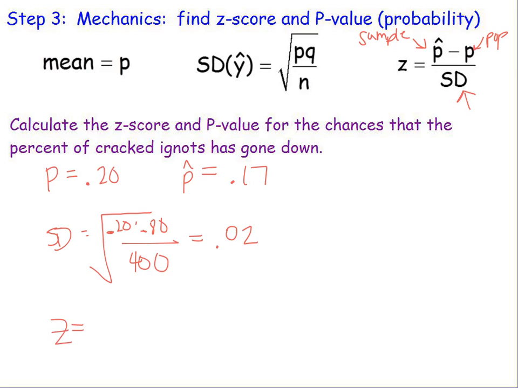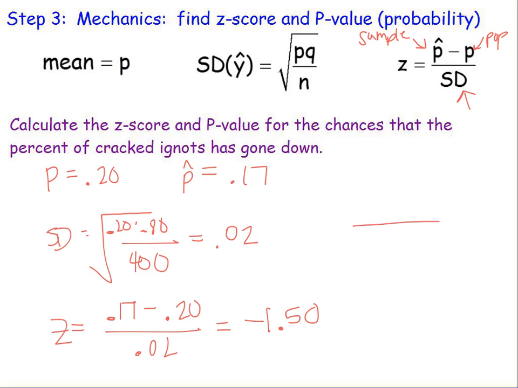So p-hat is 0.17 minus p, which is 0.20, divided by the standard deviation of 0.02. If you round, I actually get an exact answer, but it would be negative 1.5. And because we need two decimals, I'm going to tack a little 0 on right there.